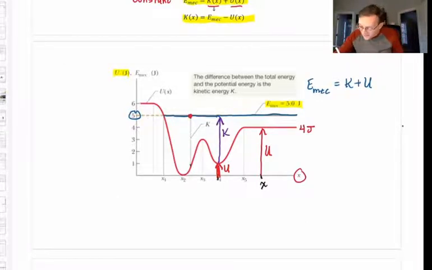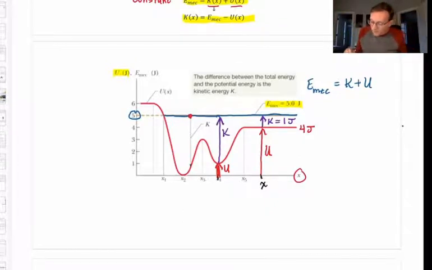And then the rest of the distance, until you get to the mechanical energy line, is the kinetic. Well, if I went up 4 joules and the mechanical energy is at 5 joules, then the kinetic energy is 1 joule. So from x5 onward, the particle's kinetic energy, in this case, is 1 joule, and its potential energy is 4 joules. And its mechanical energy is 5 joules.